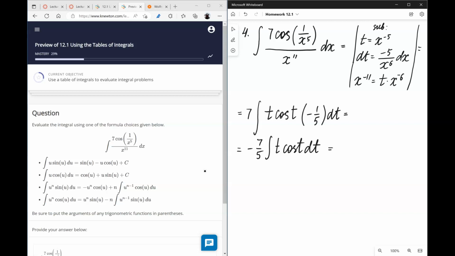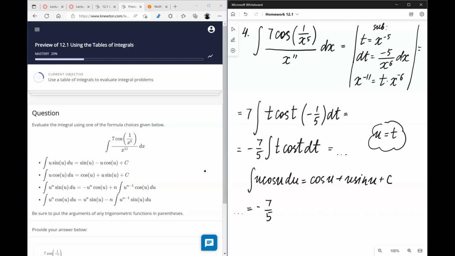Thinking of u as t, we're going to use the fact that the integral of u cosine u du is equal to cosine u plus u sine of u plus c. So this integral now becomes negative 7/5 of cosine of t plus t sine of t plus c.